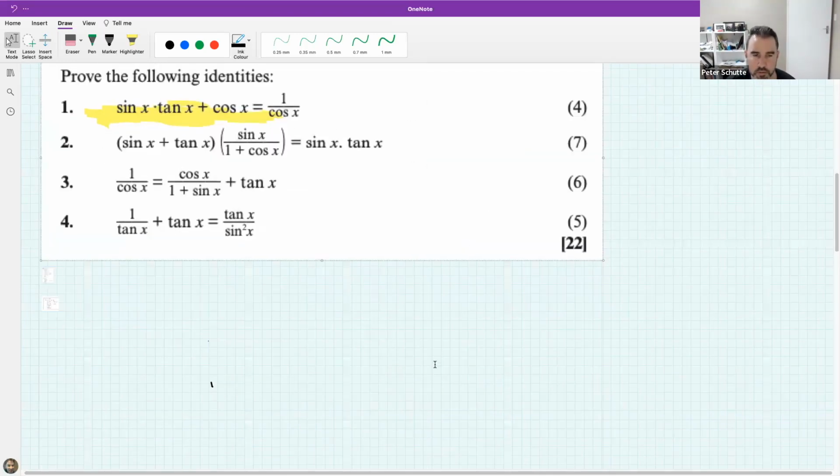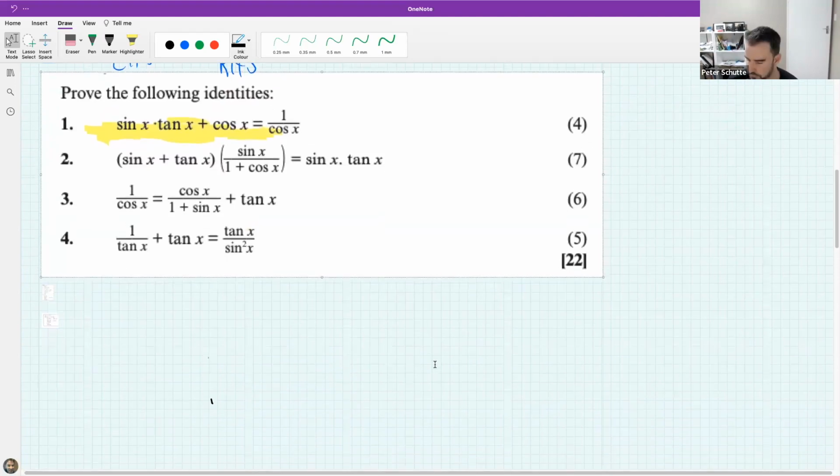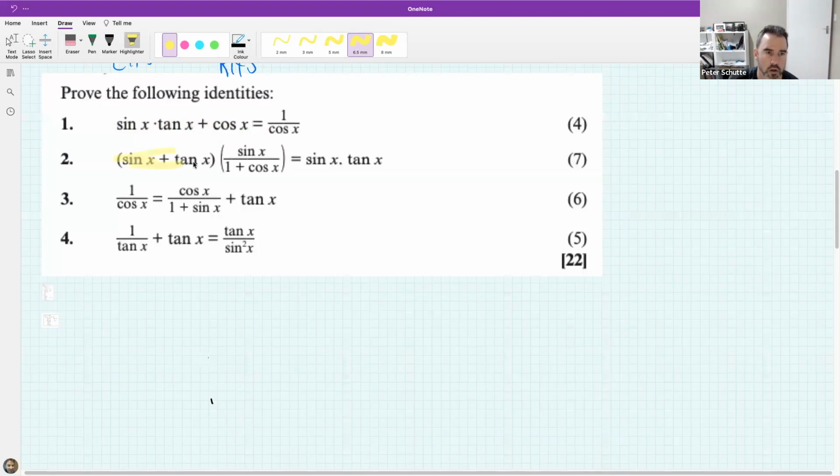Let's make this a bit bigger. I think that's going to be the harder side, so I would work with that side first.